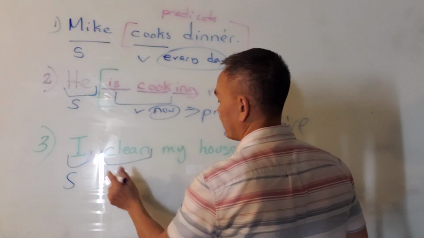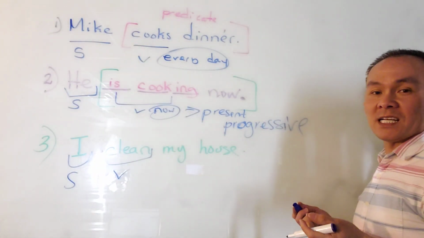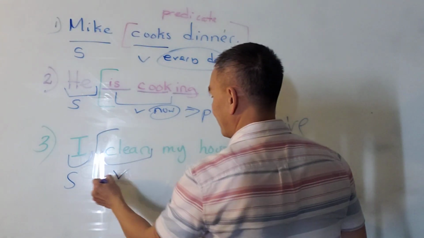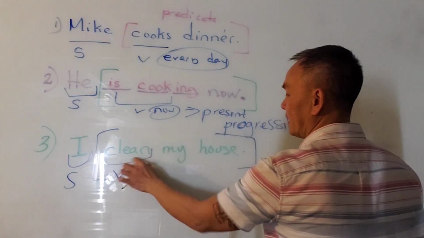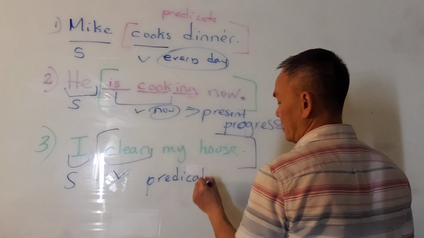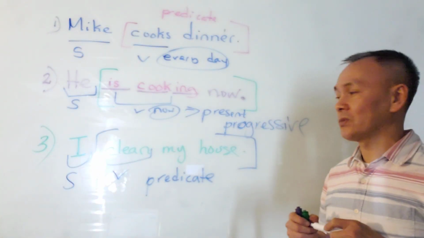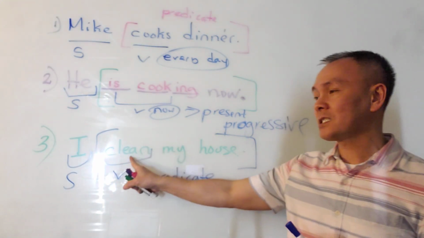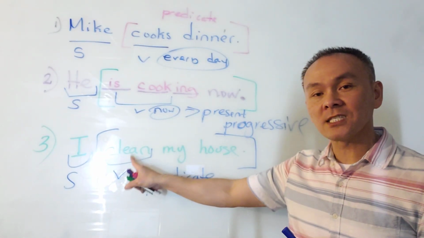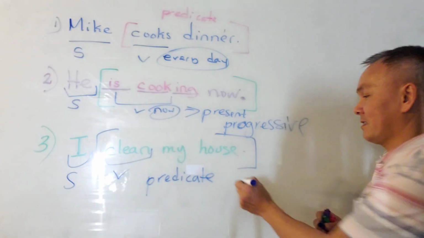This is the verb. What is the predicate? Clean my house. So this is the predicate. When do I clean my house? Well, because this is a simple present, a simple tense of a verb, we say every day.